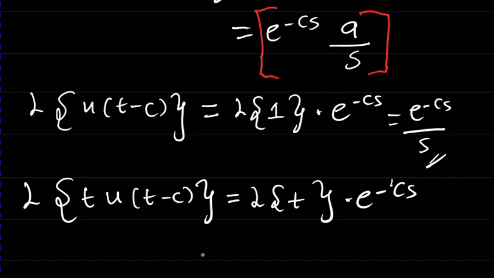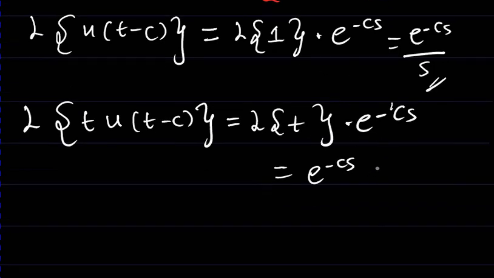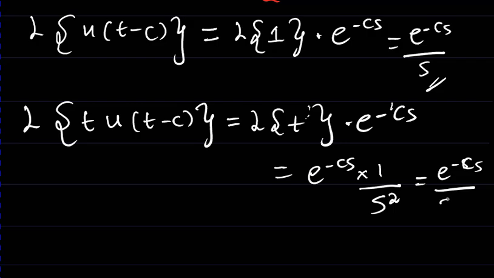The Laplace transform of t multiplied by the shift, and we know already that the Laplace transform of t is, of course, t raised power 1, that is 1 factorial, which of course is 1, then divided by s raised power 1 plus 1, that is s raised power 2, which of course is exponent of minus cs, then divided by s squared.